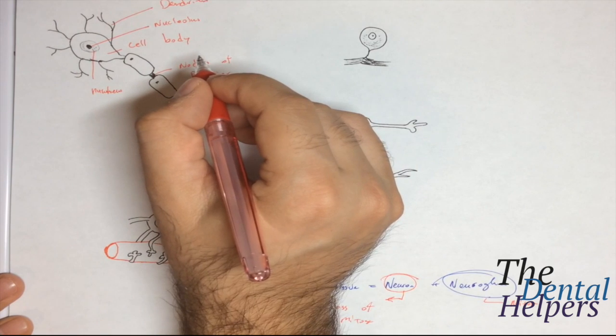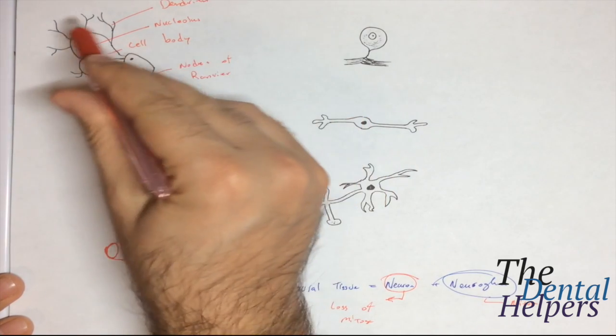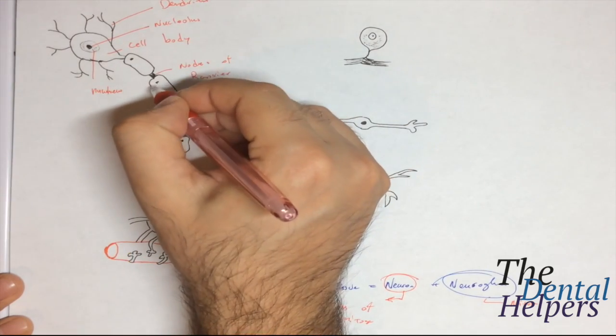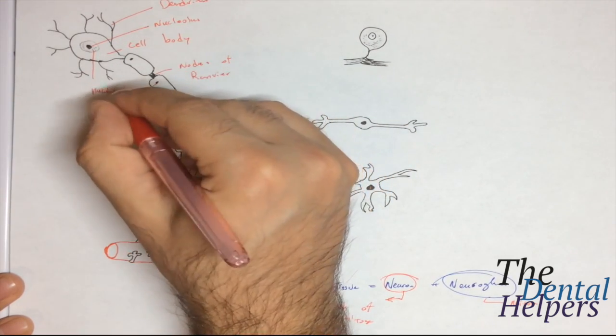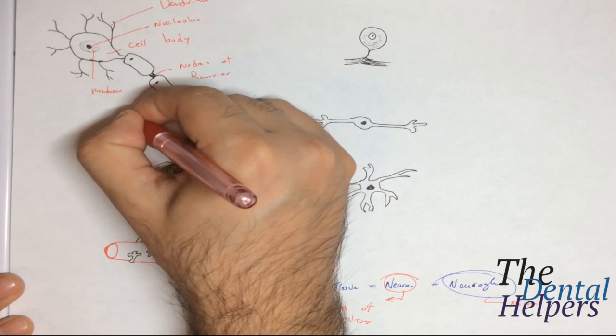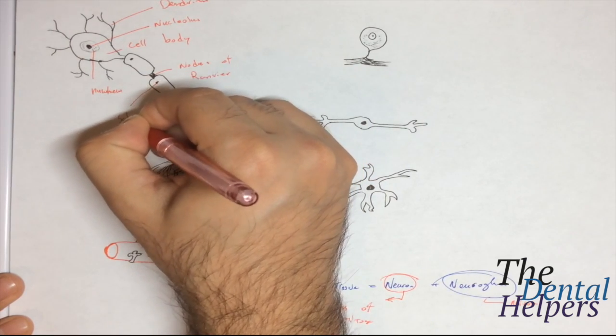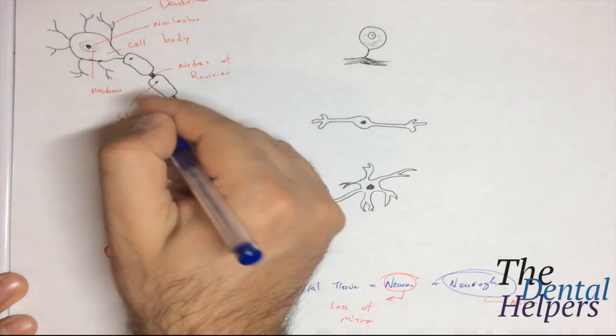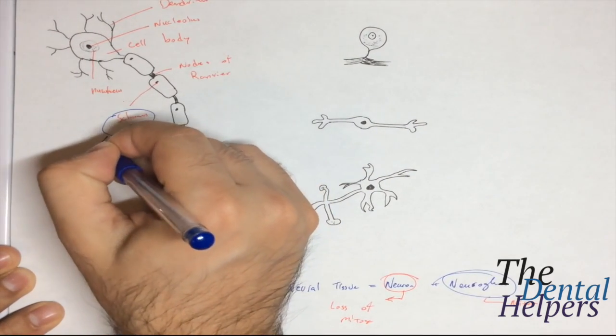And now, if this were a neuron that was found in the peripheral nervous system, these little dots right here would symbolize Schwann cells. And Schwann cells are going to be what's found in the PNS.